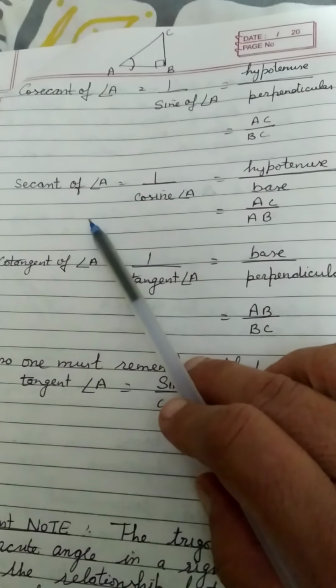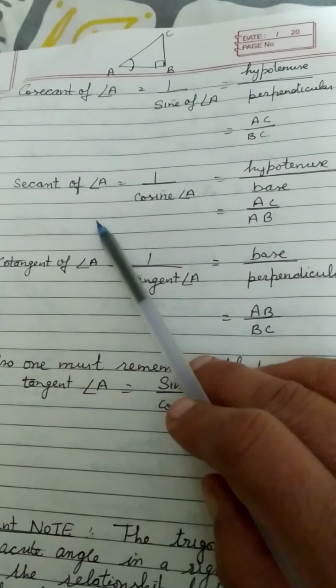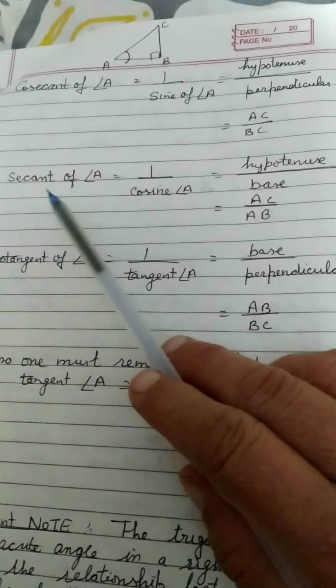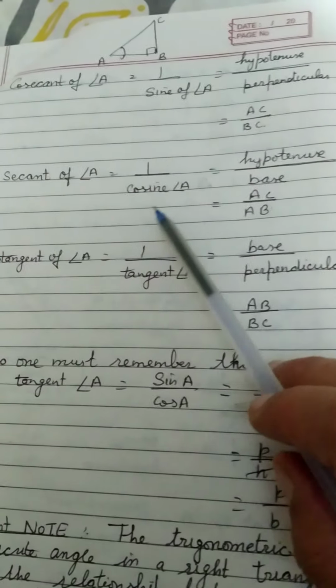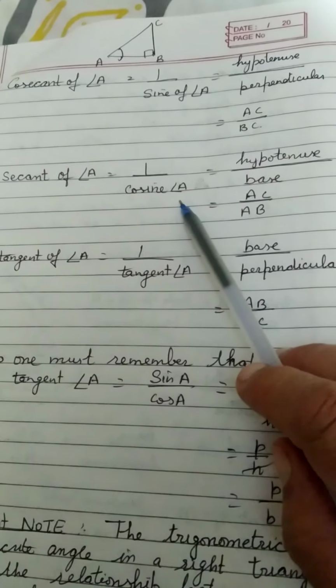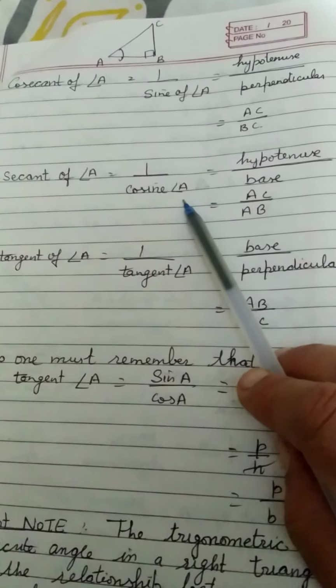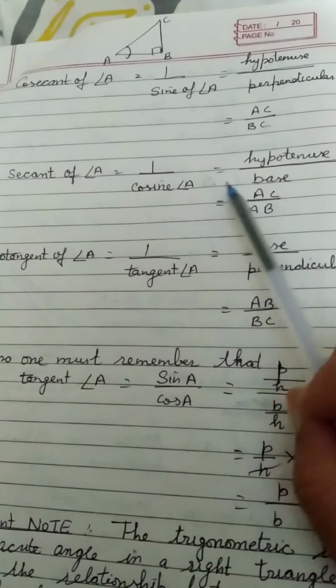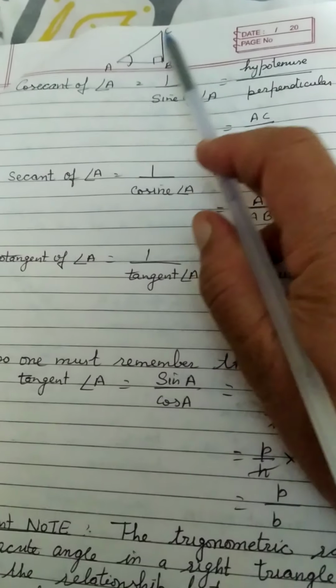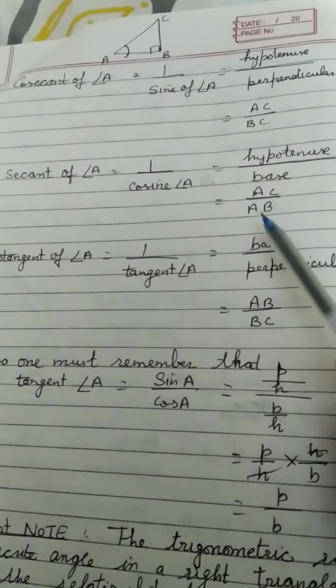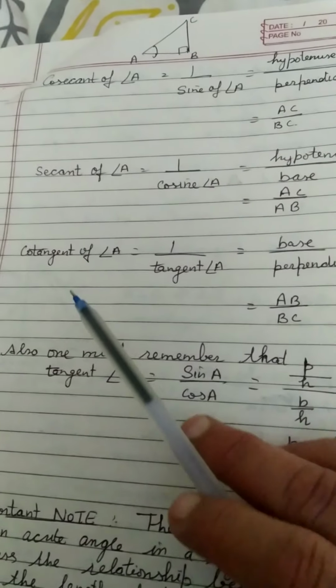Now secant of angle A is reciprocal of cosine. Cosine was equal to base upon hypotenuse. Then secant will be equal to hypotenuse upon base. Here hypotenuse is AC and base is AB. It is AC by AB.